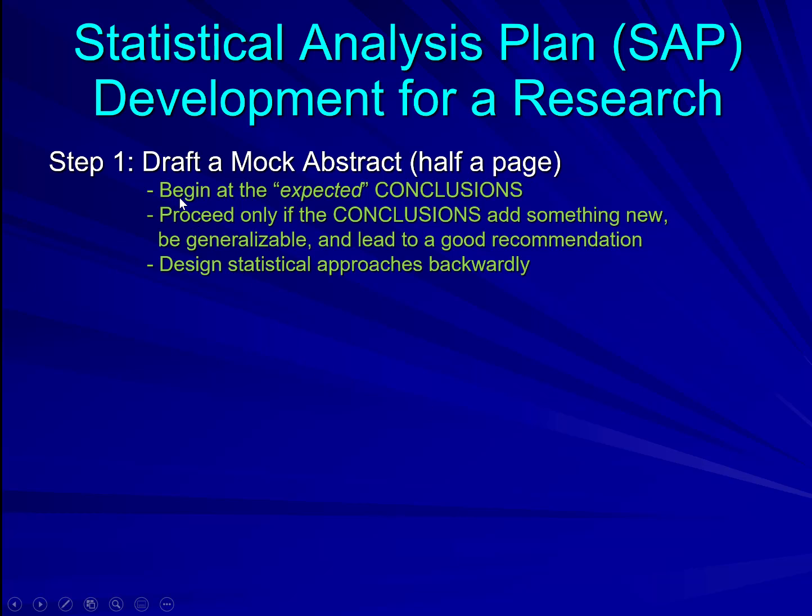In this step, we begin at the conclusions, which we expect to obtain after we finish the study. So that means not only a very simple half a page, but actually just a few lines, just one to three sentences in the conclusion.